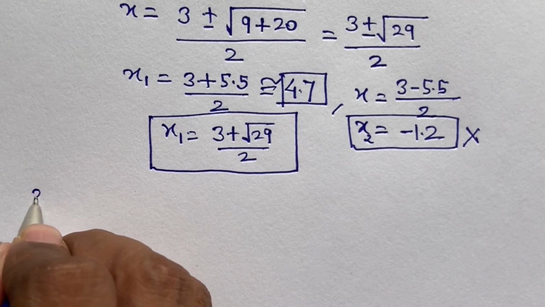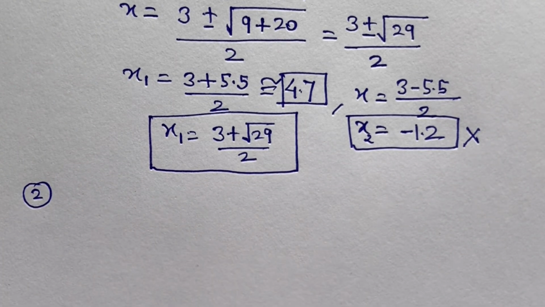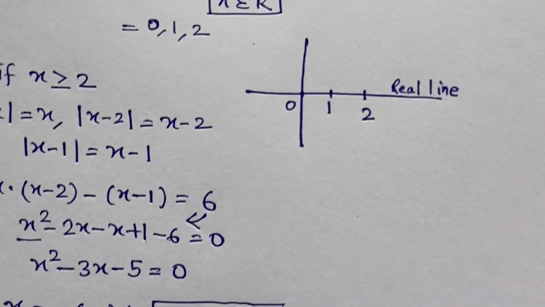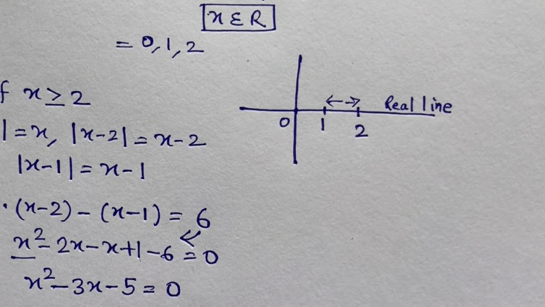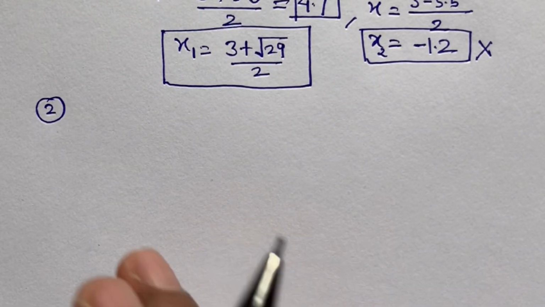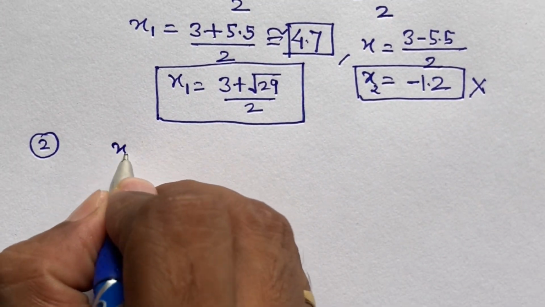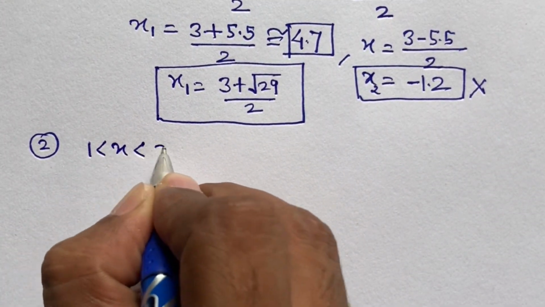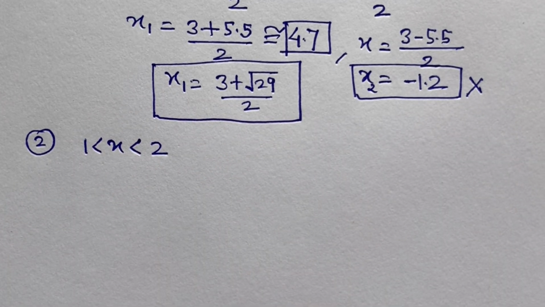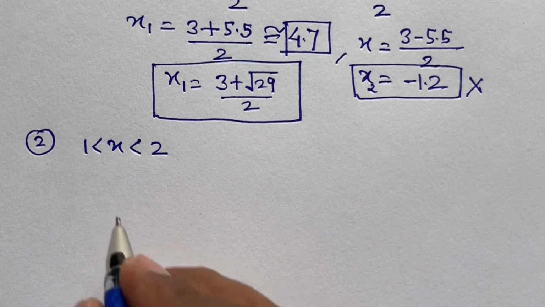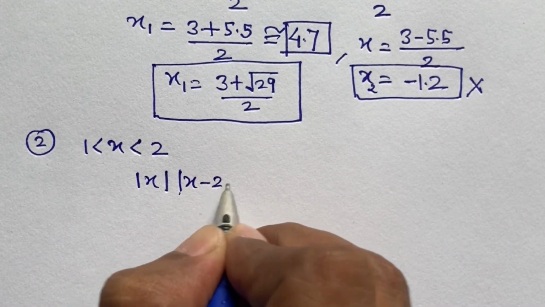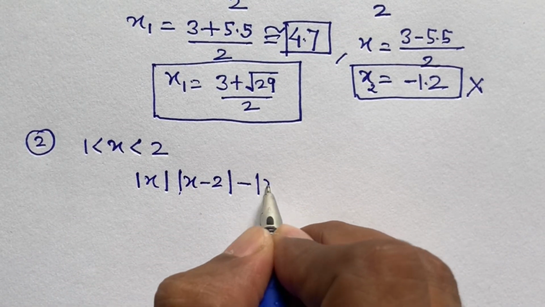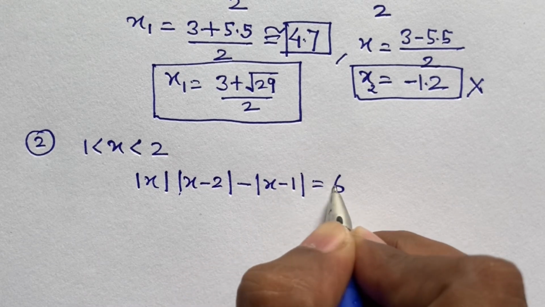Now we are going to take the second condition, when x is between 1 and 2. So let's assume x is greater than 1 but less than 2. For this condition, our equation is |x|(|x − 2|) − |x − 1| = 6.